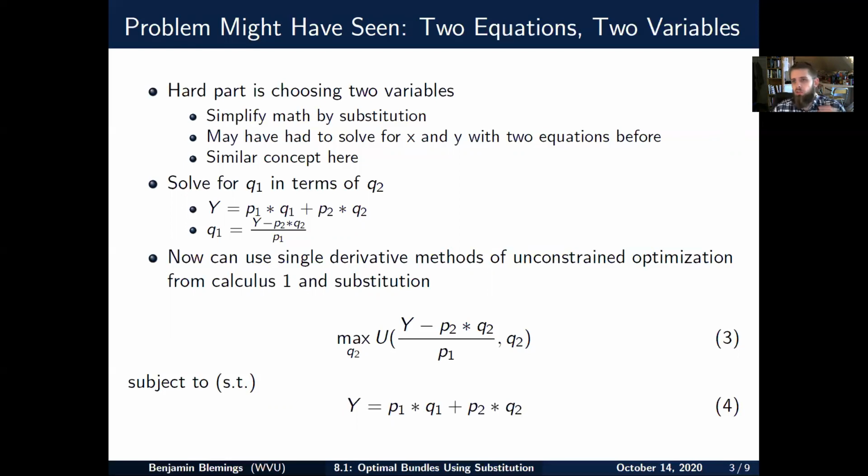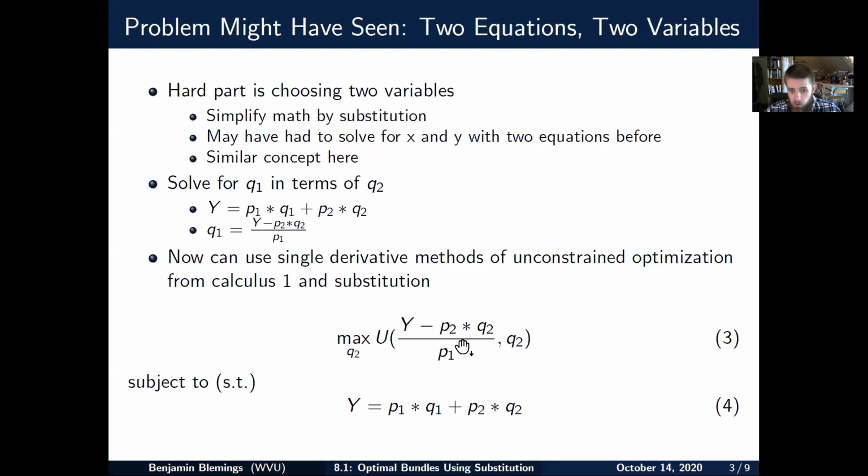So we're just going to solve for Q1 in terms of Q2 and make this into a single variable calculus problem. How we do that is we take our budget constraint and solve it for Q1. So we're going to do y minus P2 times Q2, and then just divide by P1, and we have Q1.